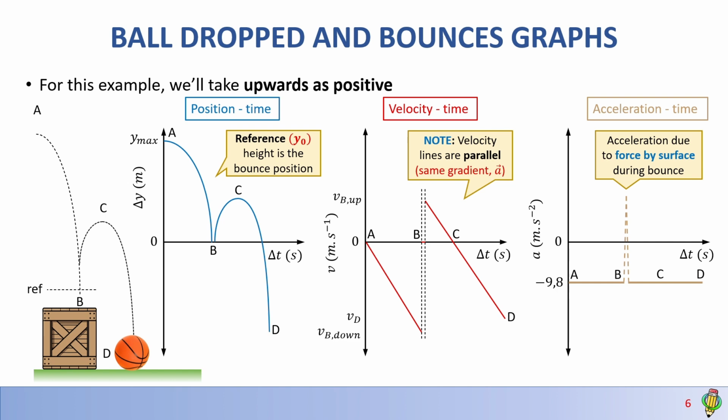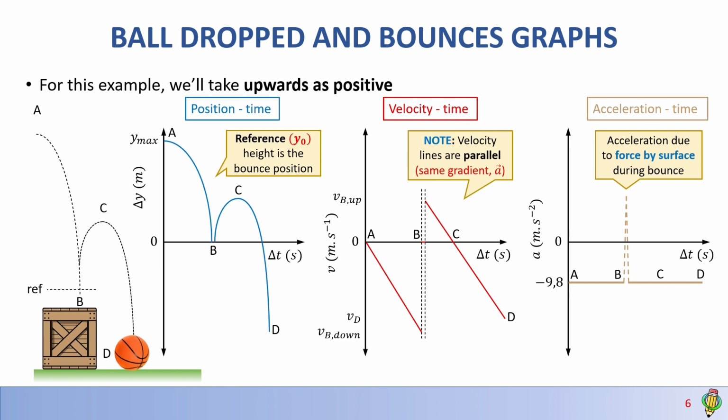Now let's jump over to the acceleration time graph. From position A to position B, acceleration is negative 9.8 meters per second squared. But something interesting is happening at position B, as we've seen with the other two graphs.